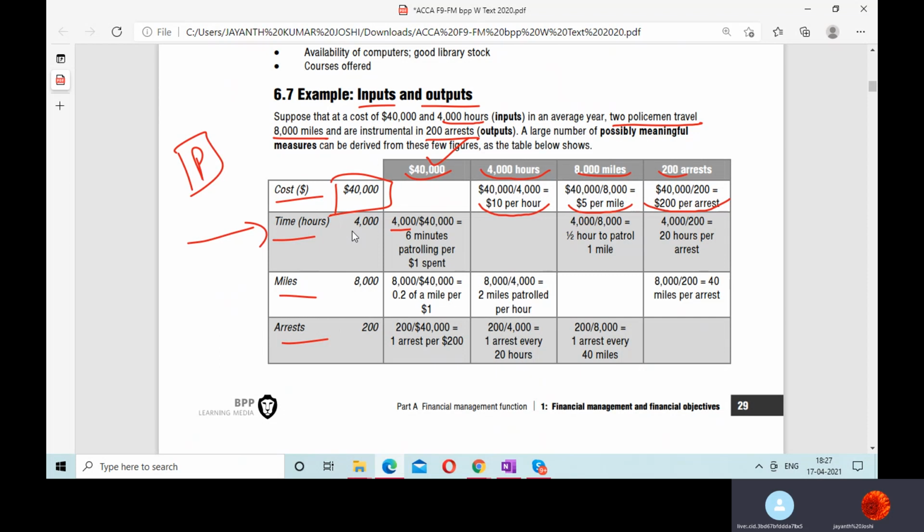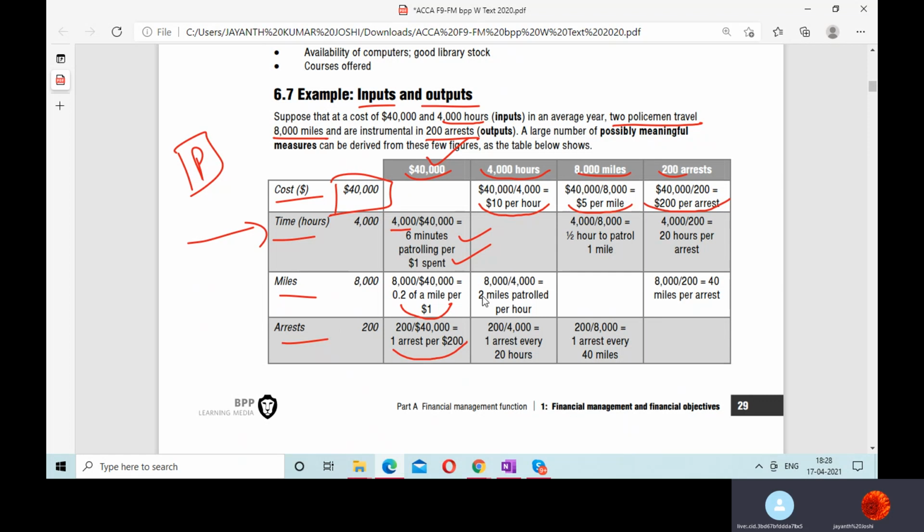Divide by this, and we get $1 spent for 6 minutes of patrolling. 60 minutes is 1 hour, and in that way we calculate. Here 0.2 of a mile per $1, and here one arrest per $200.